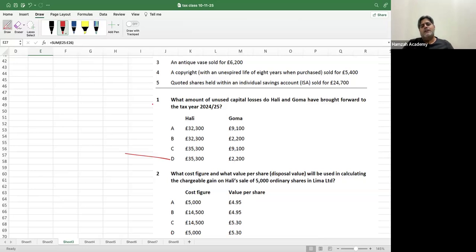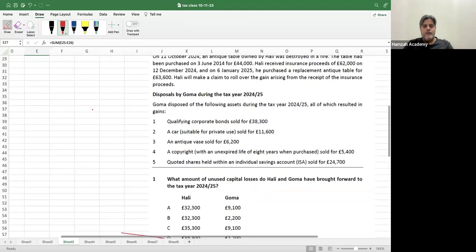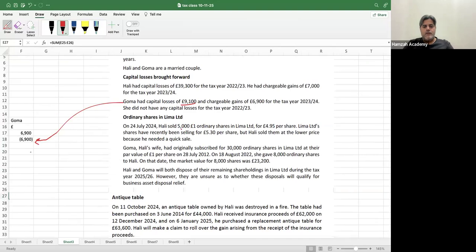Now, what cost figure and what disposal value per share will be used in calculating the chargeable gain on Holly's sale of 5,000 shares in Lima Limited? These were £1 ordinary shares.